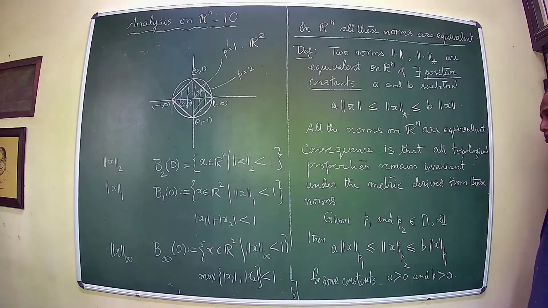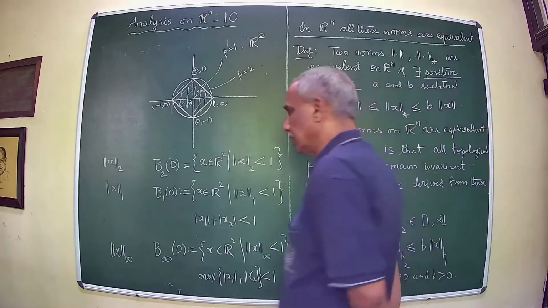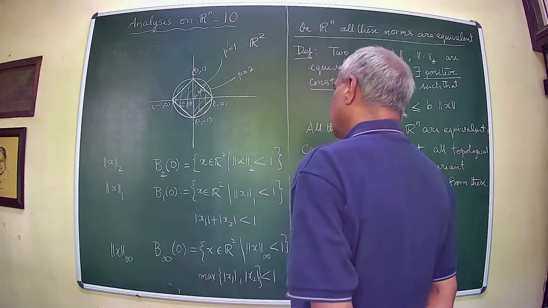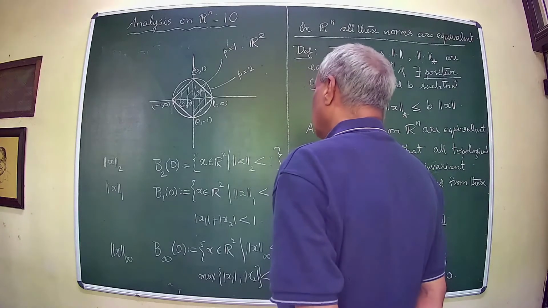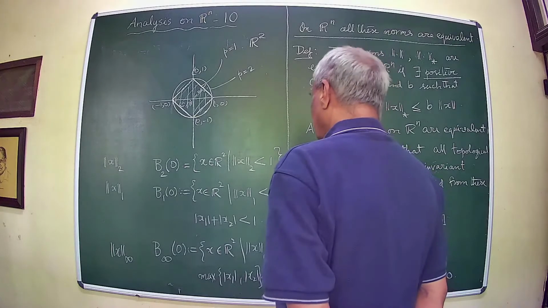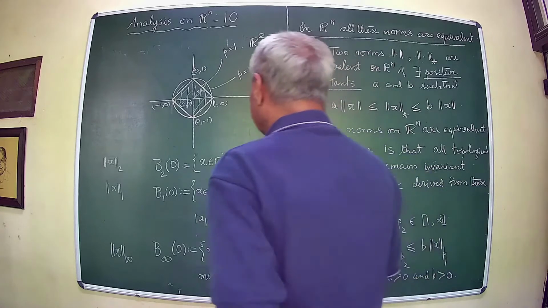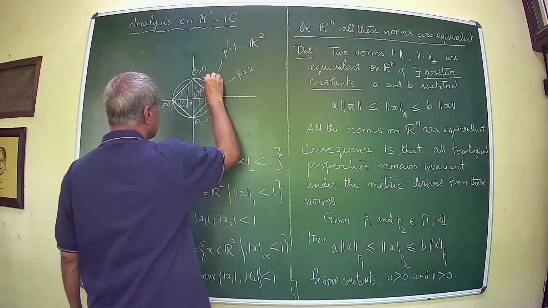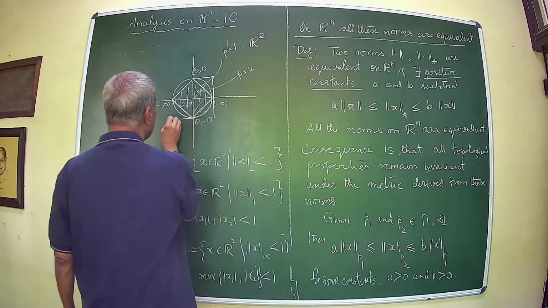Therefore, in the first quadrant it is going to be maximum of x1 and x2 that should be less than 1. Okay. So if it is x1, then the boundary is going to be x1 equal to 1. If it is x2, then it is going to be x2 equal to 1. So you see that this is the part that will come out. And then on this part it will be this, here it will be this.